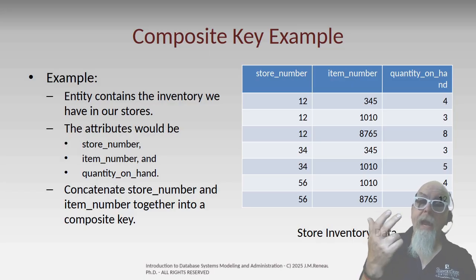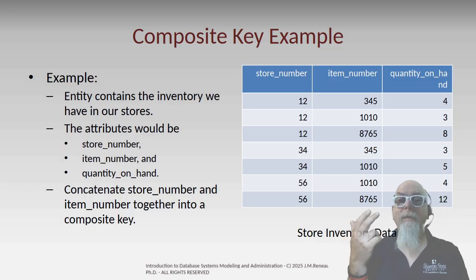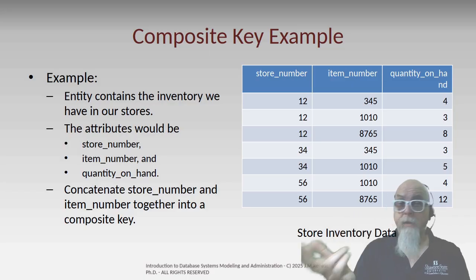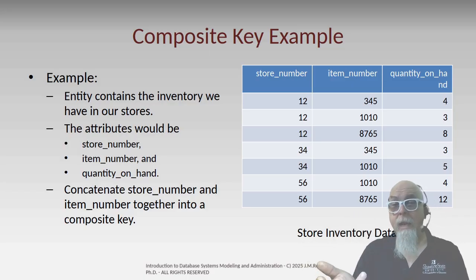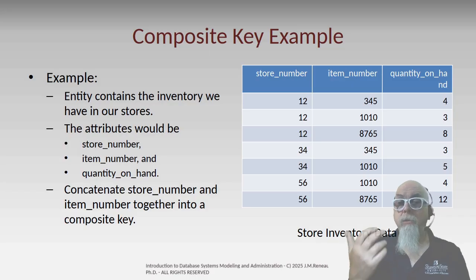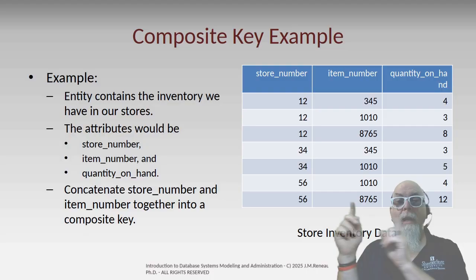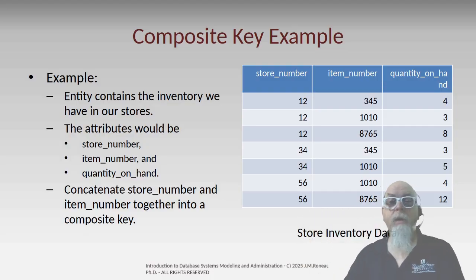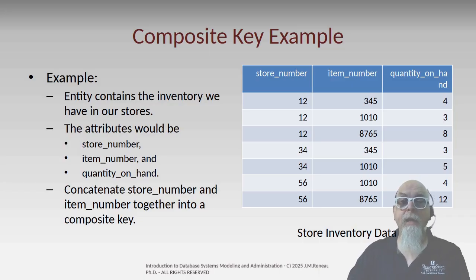Is quantity on hand unique? Well, it's not, but we don't want to use that because it's very volatile. Every time we get a new item in or sell an item, that would be changing all the time. So that'd drive you nuts trying to use that as a primary key or use that as a key in general. So here in this example, I'd like to see us concatenate the store number and item number together to create a concatenated or composite key.